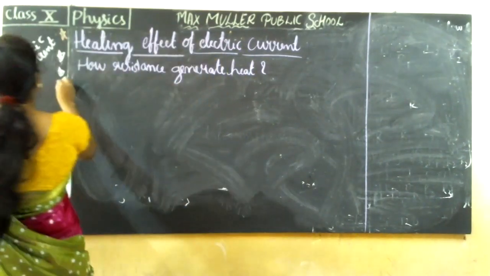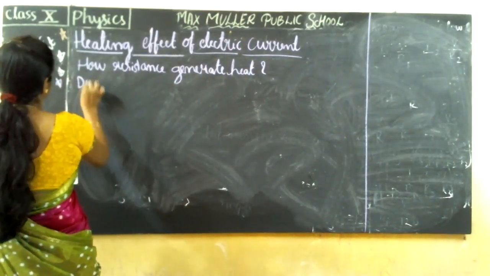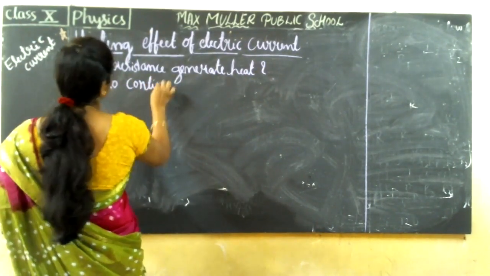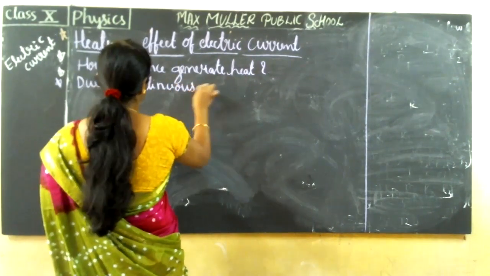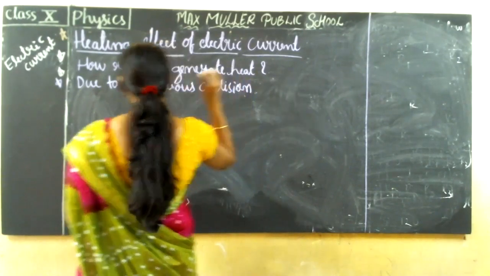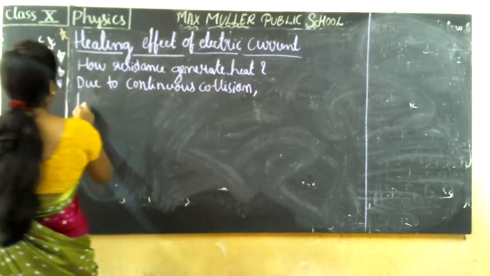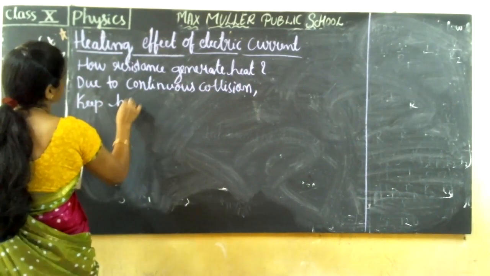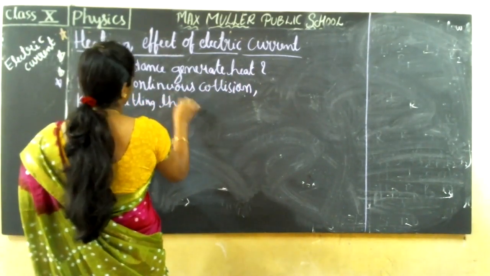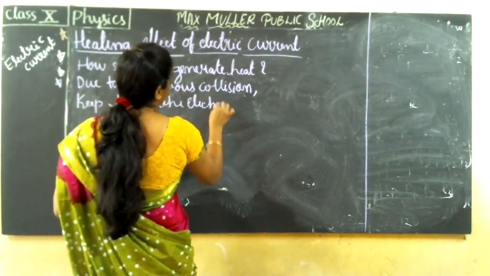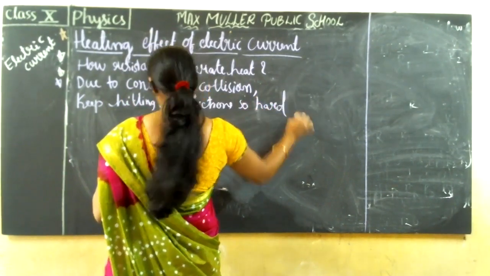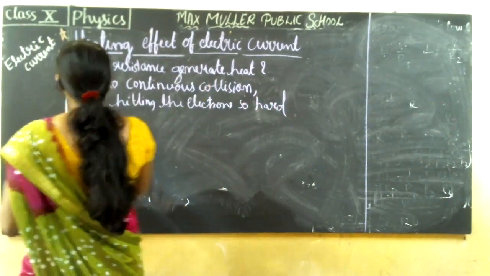This is because of continuous collision, because the electrons keep hitting each other so hard.